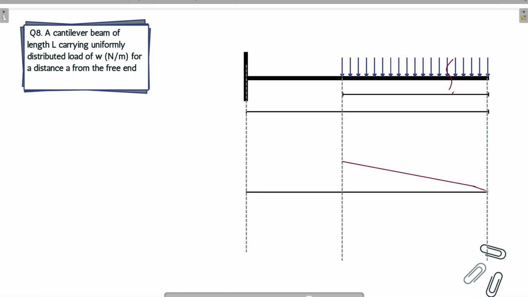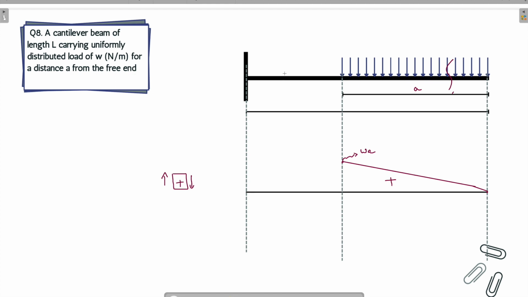Why it will be positive? Because the loadings are acting in the downward direction, and I have taken the sign convention like this. Up till now, it's clear. This magnitude will be W into A because this distance is A.